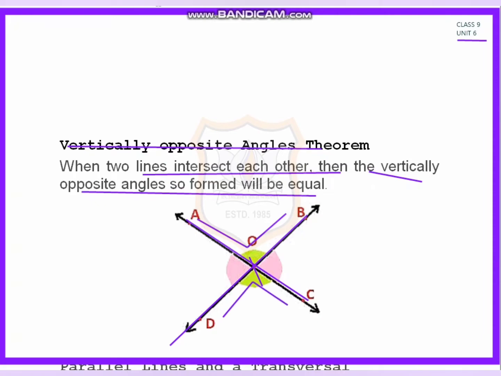These two opposite angles are equal. Here I have a green color; both green angles have the same value. In the same way, this color has the same value, meaning opposite angles are equal.